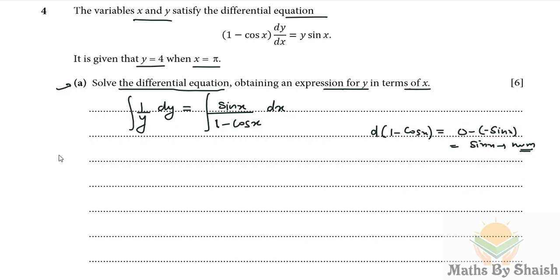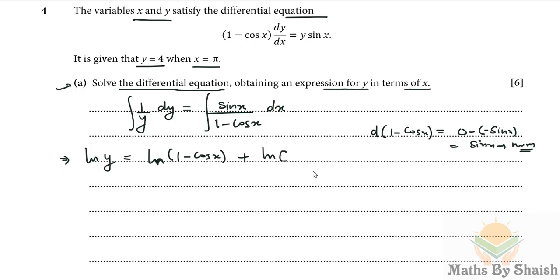So the solution becomes ln y equals ln(1 minus cos x) plus a constant. Since we can add any constant here, I will take the constant in terms of ln. Let's take it as ln c, then it would be easy to calculate.